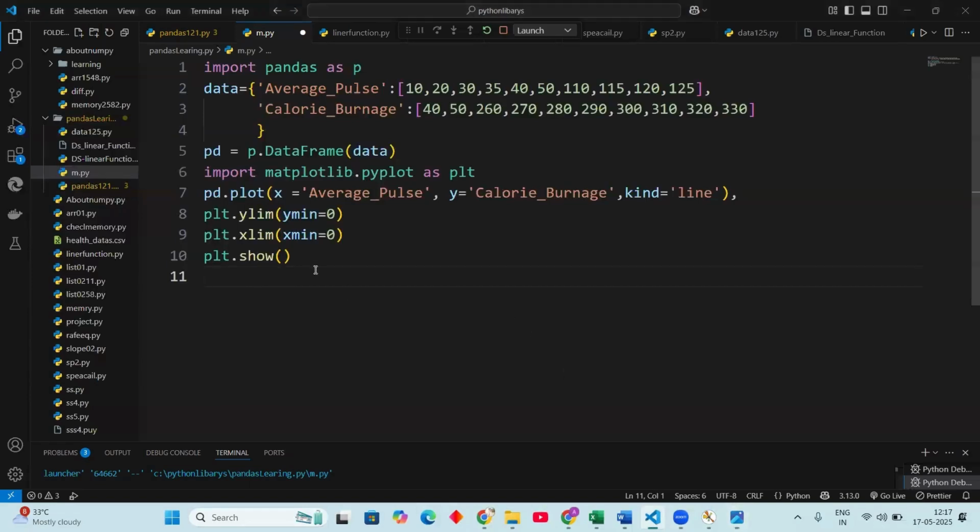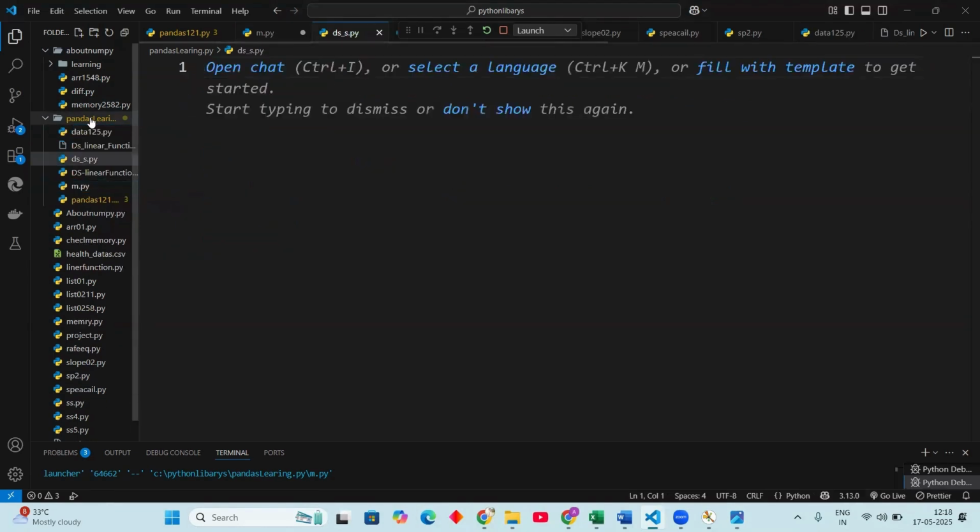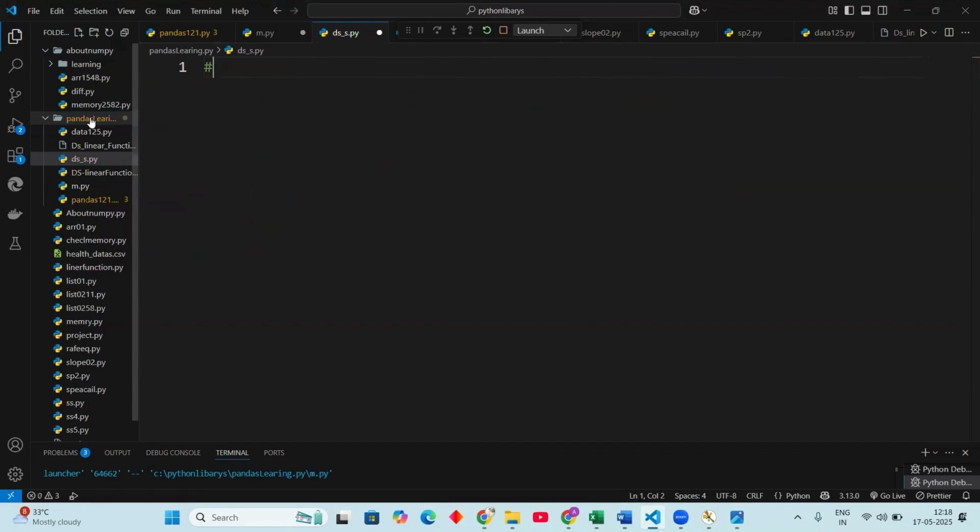Now for this I take another variable like weight, from slope dot py. What is our f of x now?